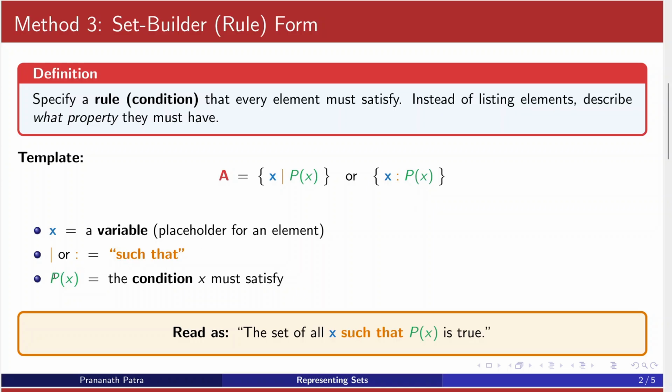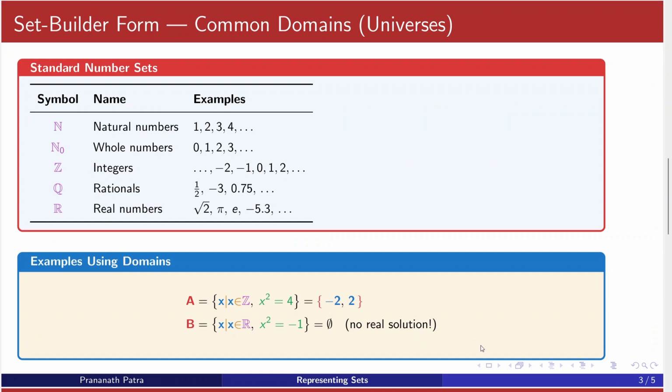Finally, P of x represents the actual condition or rule that our variable x must satisfy to be included in the set. So when we put all of this together and read it out loud, we say the set of all x such that the condition P of x is true. Take a moment to let that sink in. We are building the set by describing the qualifications to get in.